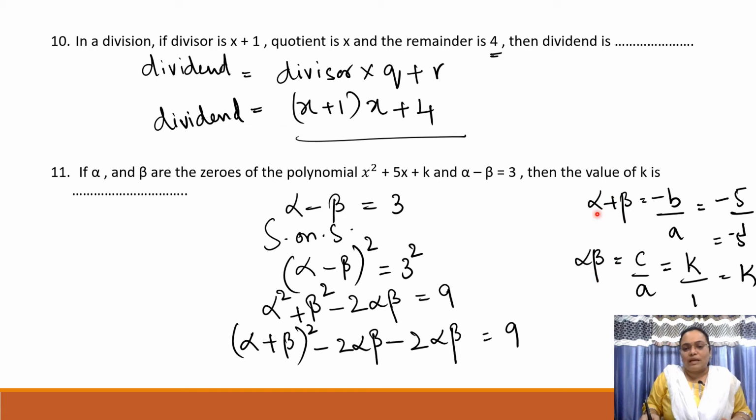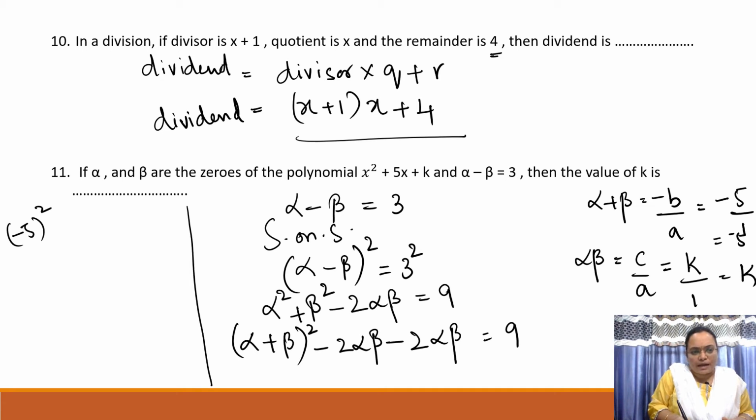Substitute these two values in this. What is alpha plus beta? Which is minus 5 whole square minus 2 alpha beta, which is k, minus 2k is equals to 9. So which is 25 minus 4k is equals to 9.